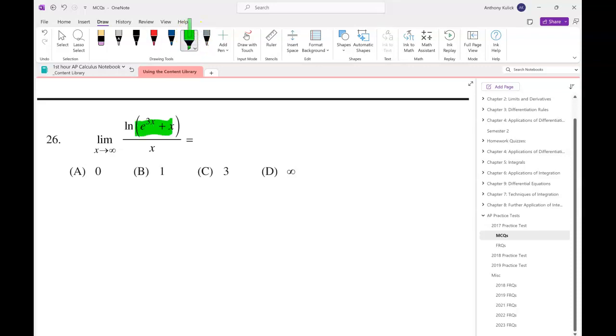If I look inside the natural log, which is growing faster, the e to the 3x or the x? The exponential is growing much, much faster. So I'm just going to ignore the x part, because it doesn't matter. So what's the natural log of e to the 3x?